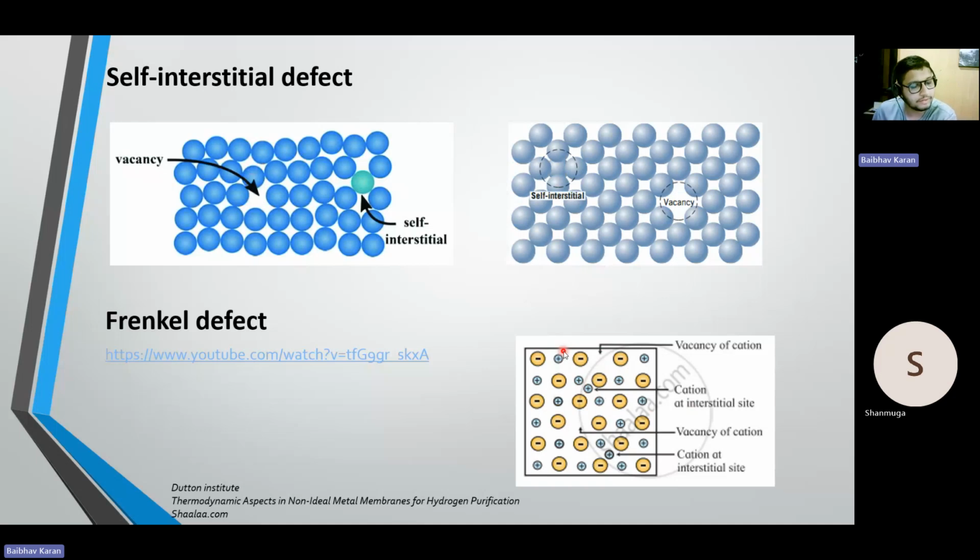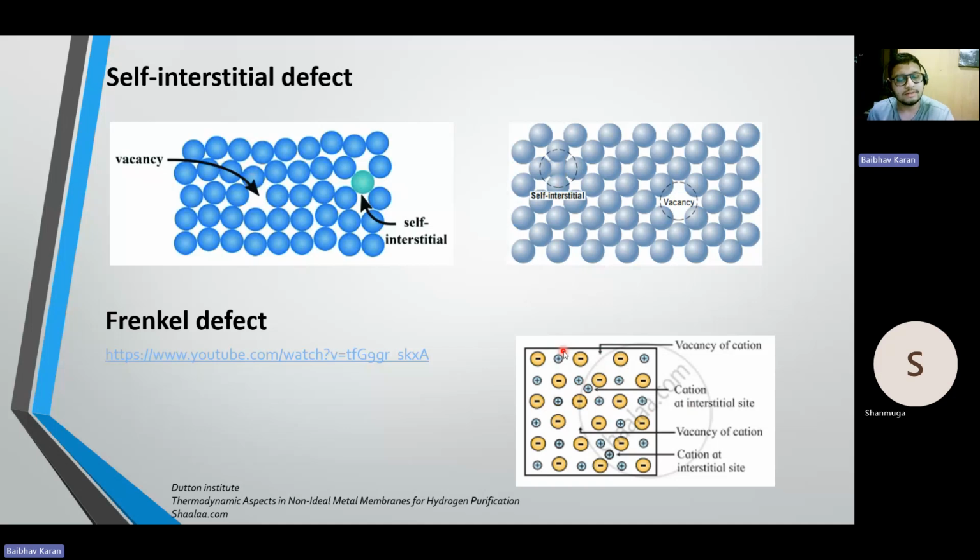But the term for this is anti-Frenkel defect, because the Frenkel defect is only related to the cations, the positively charged particles going to a different location. So when the negatively charged particles go and sit in a different place, we just call it anti-Frenkel.